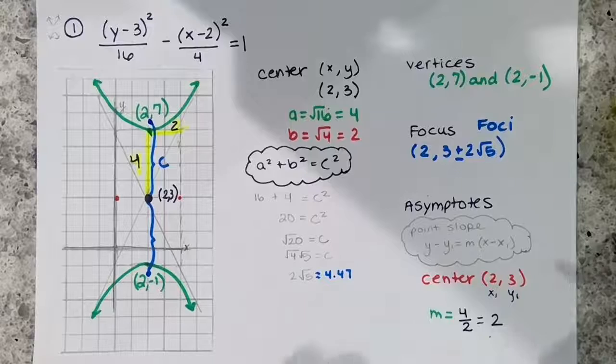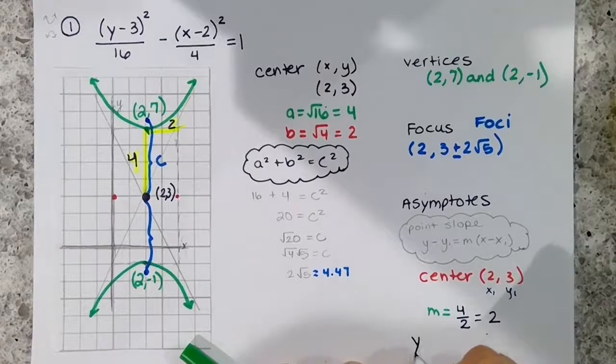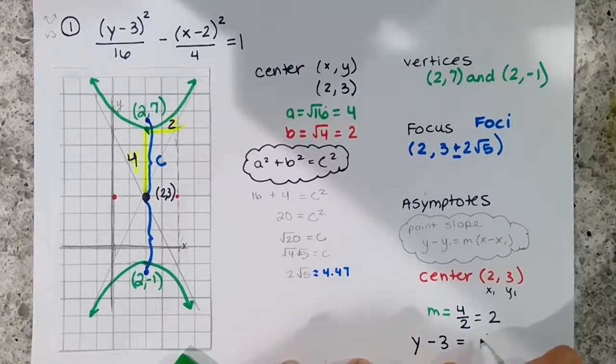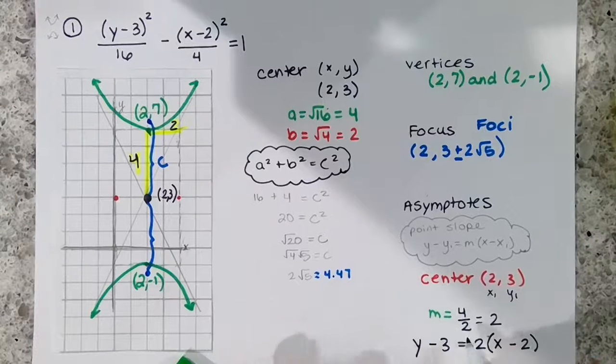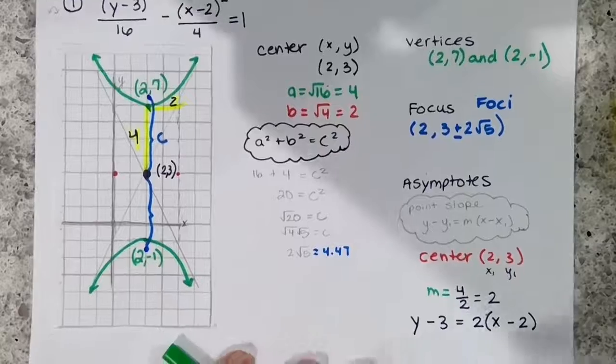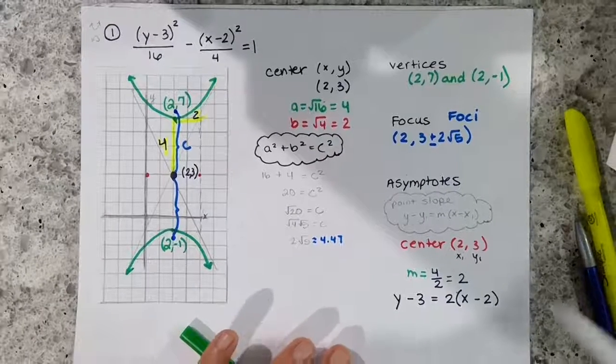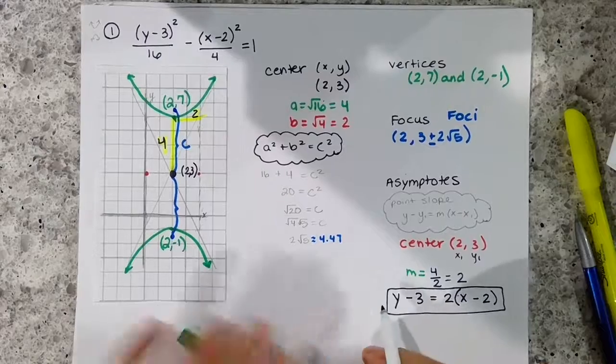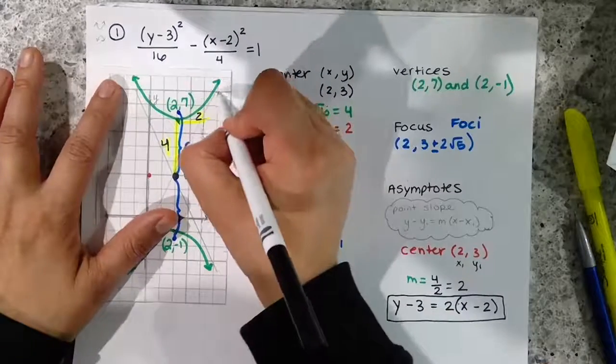So now you're going to write an equation of a line, which is y minus 3 equals 2 times x minus 2. Now, you could multiply this out, but your book actually just leaves it in that form, which makes it a lot nicer, so we don't have to work anything out. So this equation is actually going to be this one right here.